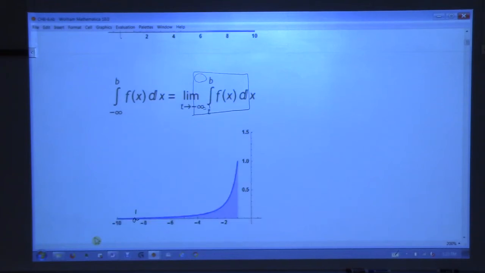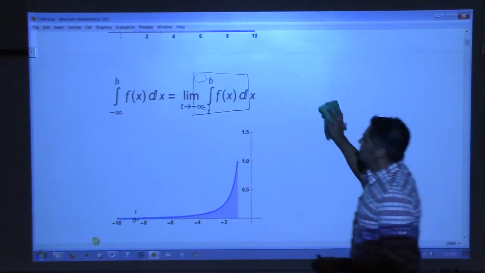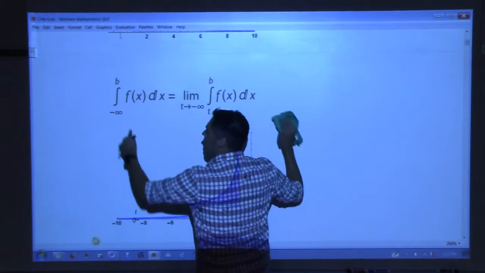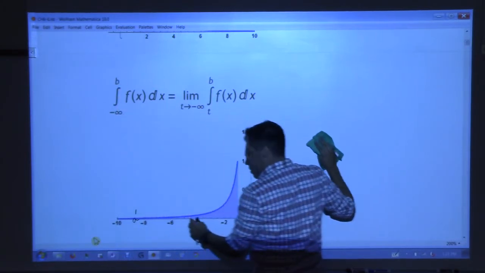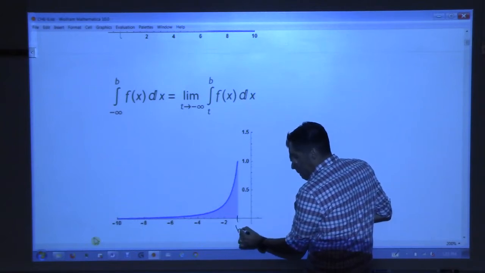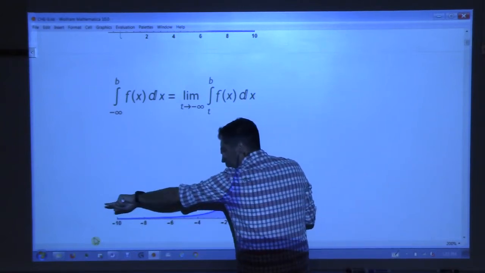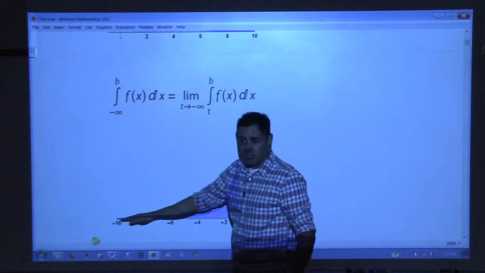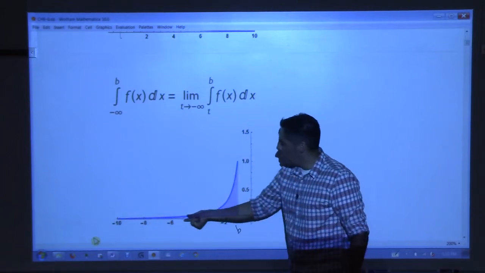Now, if we want to do this type that goes from negative infinity to B, that means that our picture looks like this. Here's B. Negative infinity is that way. Again, we have a function that's asymptotic. We're trying to find the area underneath it.